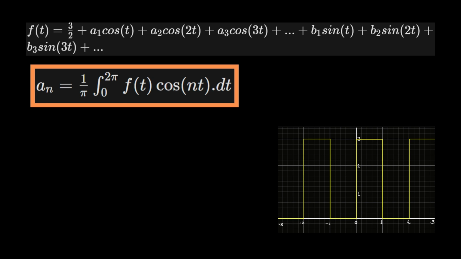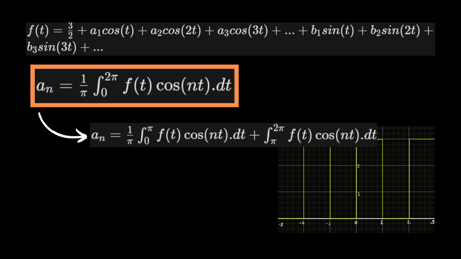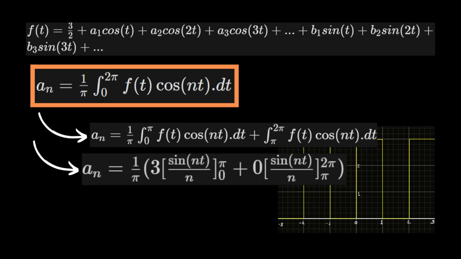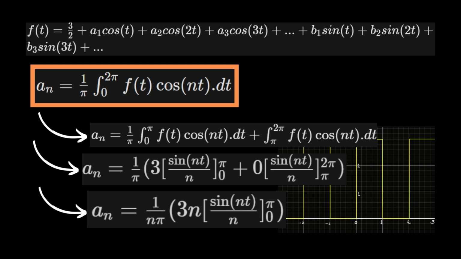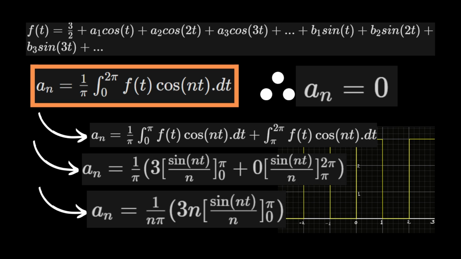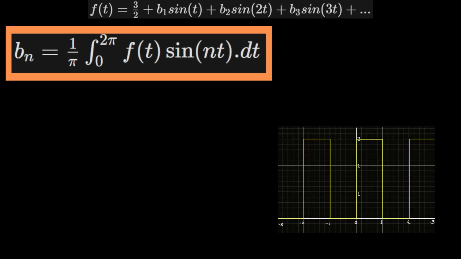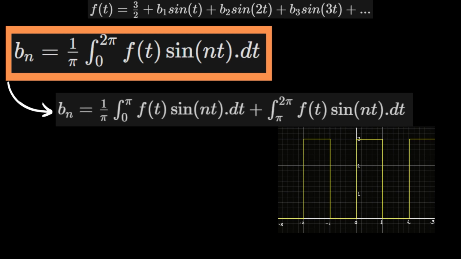Now let us find an. Again we break the 0 to 2 pi interval into two. Integration of cos nt becomes sin nt divided by n, and for both the intervals sin will become 0. Hence an is equal to 0. Moving on, let us check the value of bn. We break the integration interval into two, first one from 0 to pi and the other from pi to 2 pi.